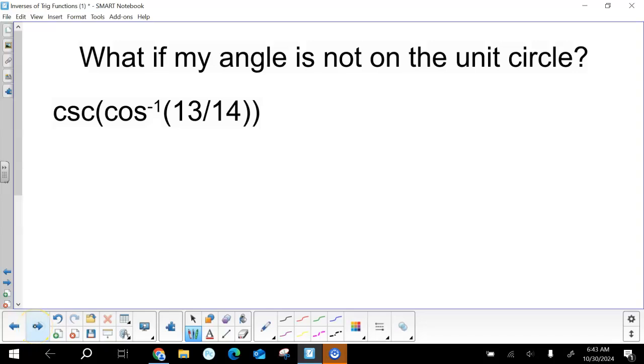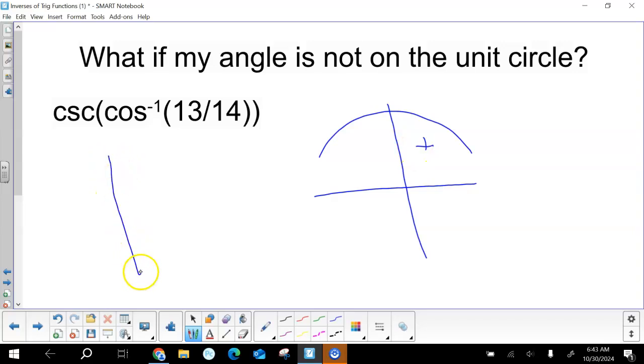And then I have this one, cosine inverse is 13 over 14. Well, remember, cosine inverse can live in these two quadrants. Which one of them is cosine positive? It's right here. So I am going to draw my triangle as a quadrant 1 reference, and I know that cosine is adjacent over hypotenuse, so that is adjacent over hypotenuse.